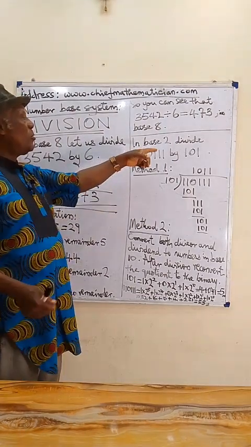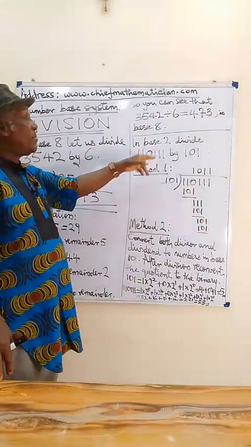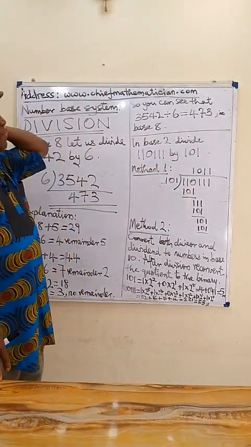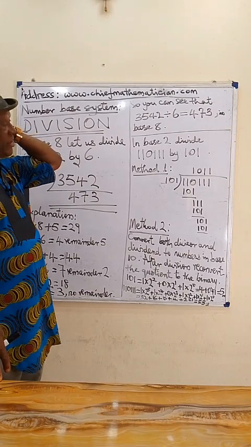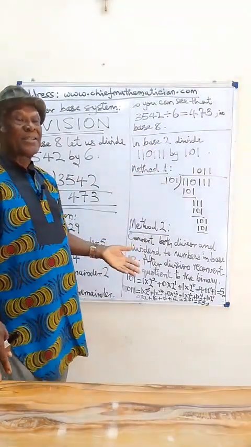Now in base 2, we want to divide 110111 by 101. We are doing this division in base 2, so the numbers there are numbers in base 2.